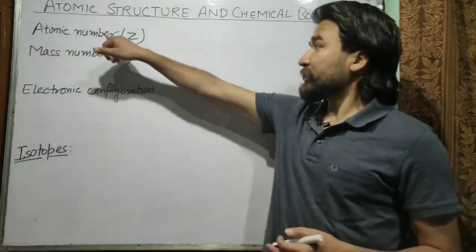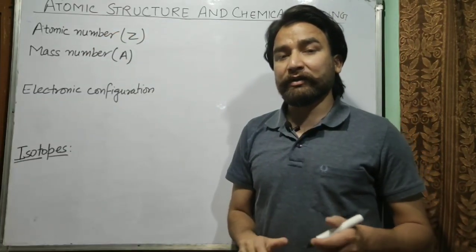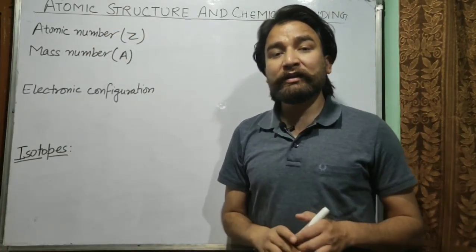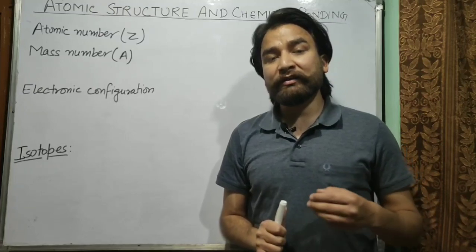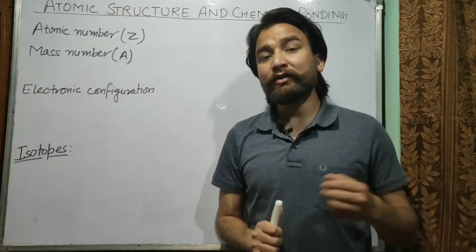Now what is the meaning of atomic number? As you know that there are three major constituents of atom, three main subatomic particles: electrons, protons and neutrons.